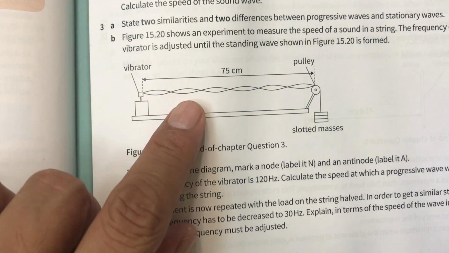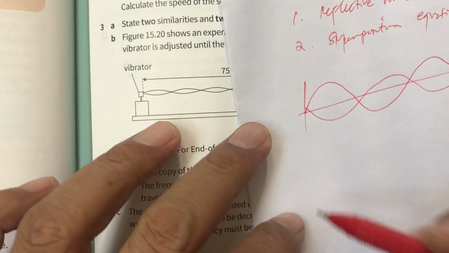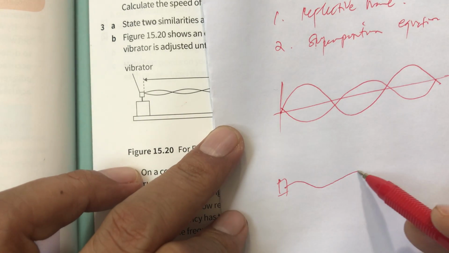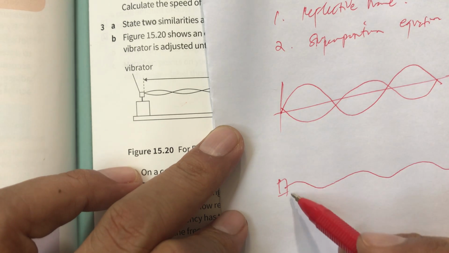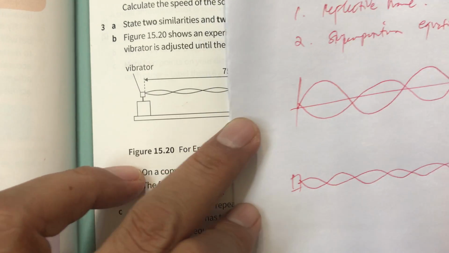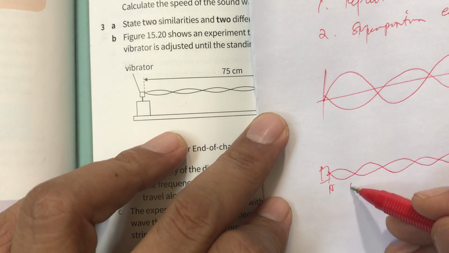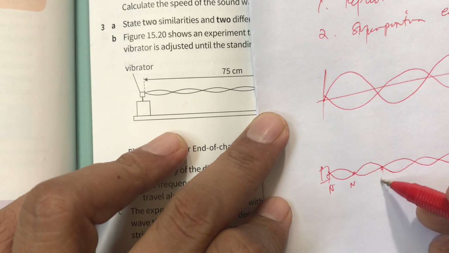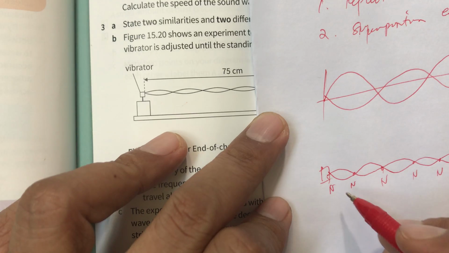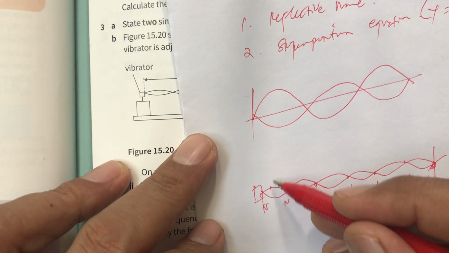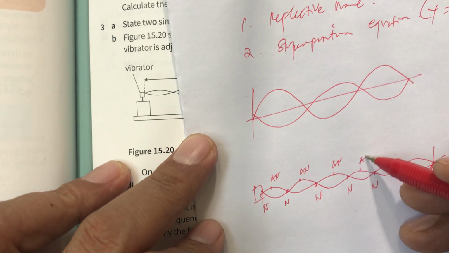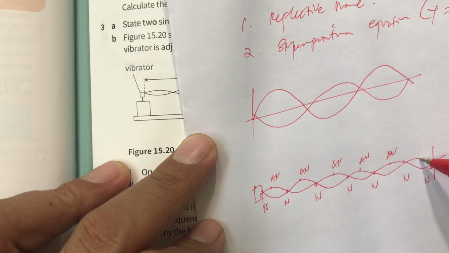this is actually 3 wavelengths, 1, 2, 3. Here are the nodes, and these are the antinodes.